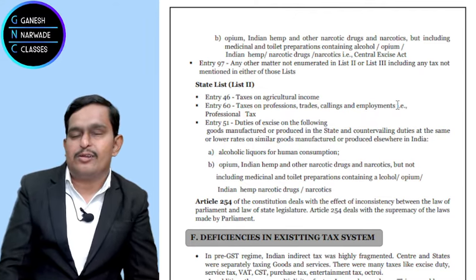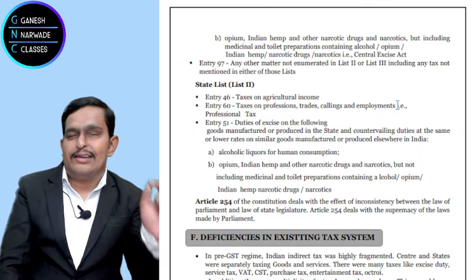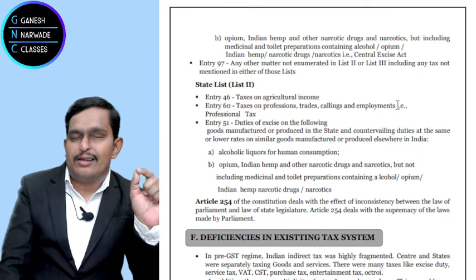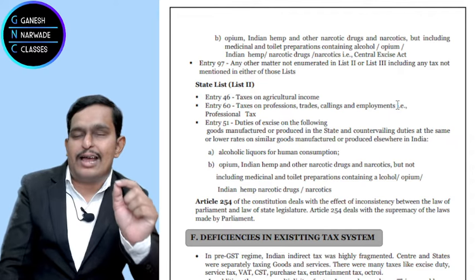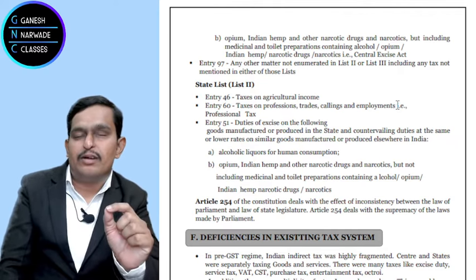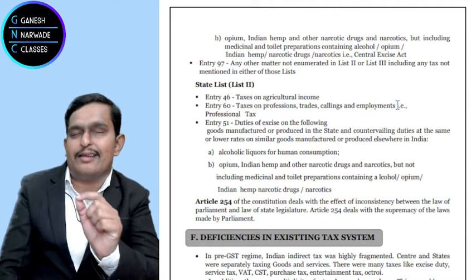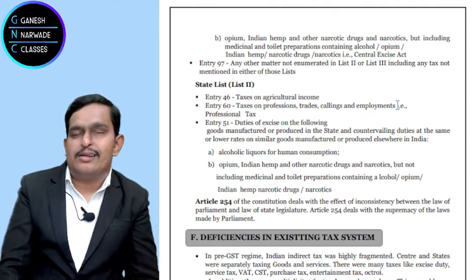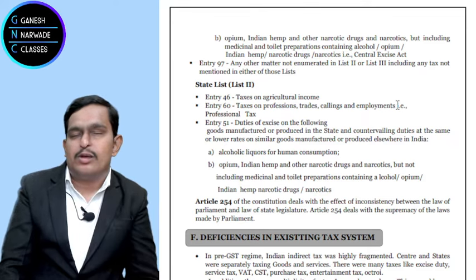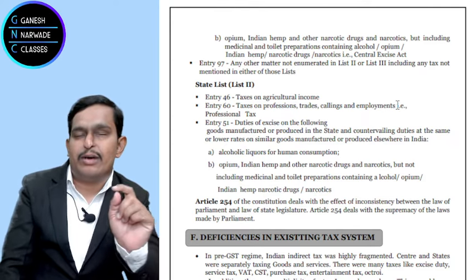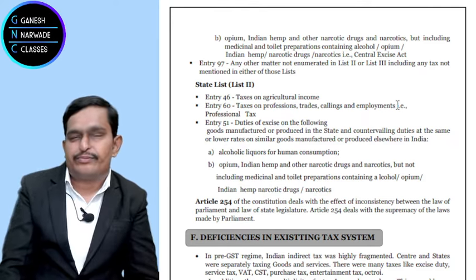So we discussed two entries. What are they? Entry number 82, list 1, union list. Central government has the power to levy tax on any income other than agricultural income, because on agricultural income, state government under list 2 can levy tax under entry number 46.